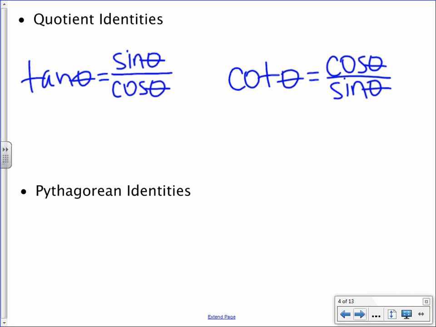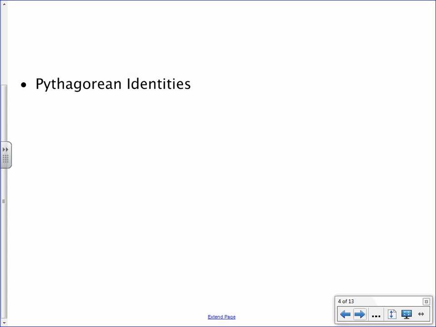Okay. The Pythagorean identities. You need to know the quotient identities, but you already do, so those aren't going to be too hard to remember. The Pythagorean identities are going to be the biggest. I would like you to think of the unit circle very quickly.